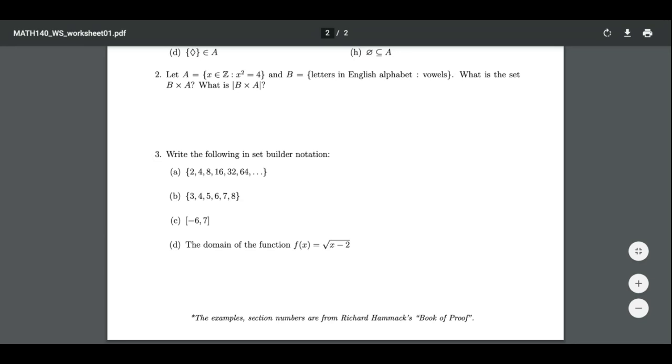So the first X is a Cartesian product, but the size of A times the size of B this time is multiplication in real numbers. Okay, Maria, yeah, A, E, I, O, U with negative 2 and 2.